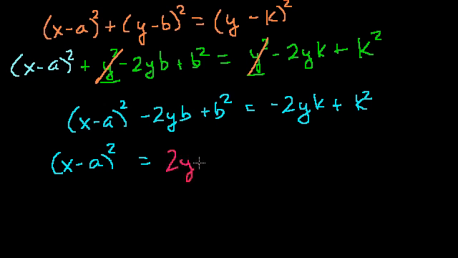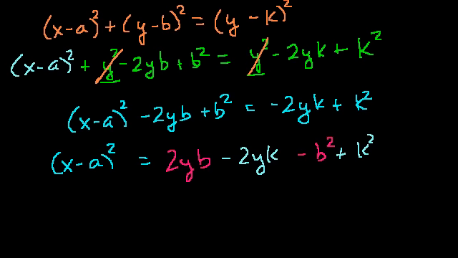And then we'll have that minus 2yk right there. And then we're subtracting b squared from both sides. So it's minus b squared plus k squared. I just arbitrarily decided to write whatever I transferred from the left-hand side to the right-hand side in magenta, so maybe it makes it a little bit clearer.